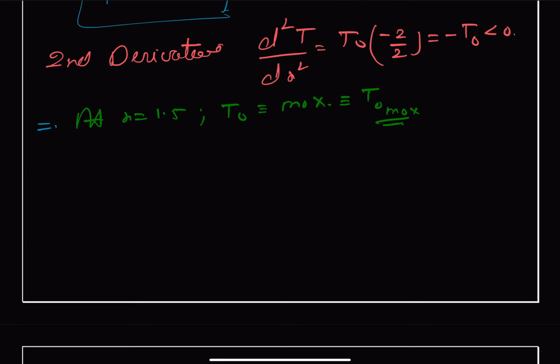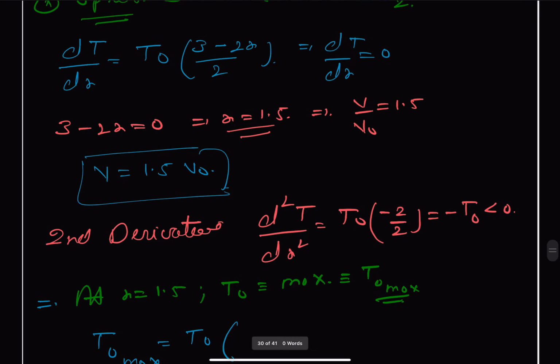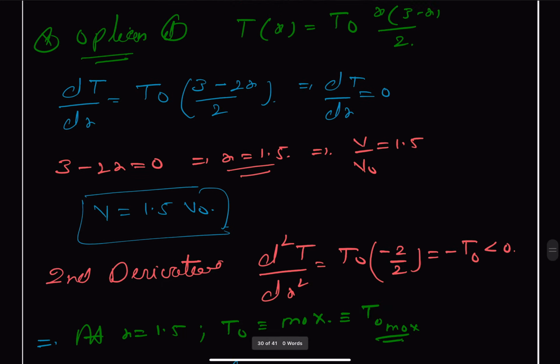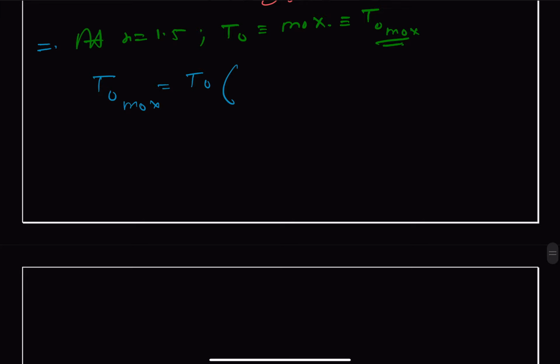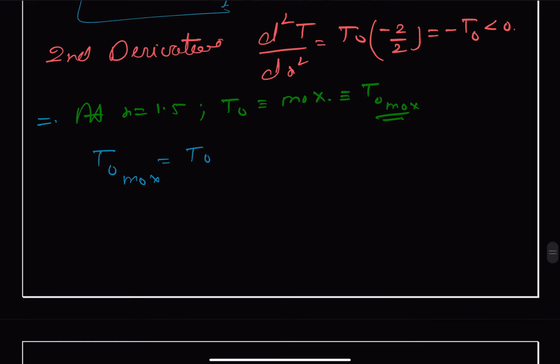We get T naught max will be equal to T naught times x multiplied by (3 minus x) divided by 2, with x as 1.5, so 1.5 times (3 minus 1.5) divided by 2, which gives us 1.125 times T naught. Okay.